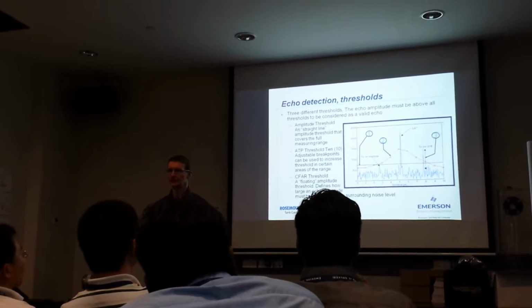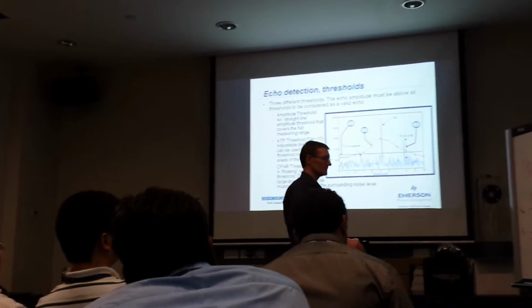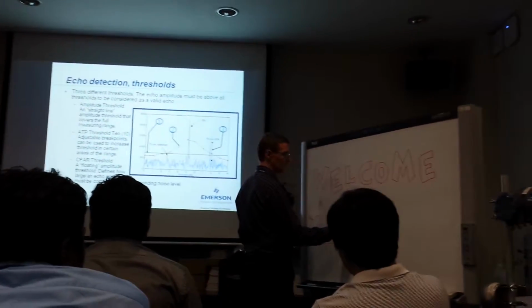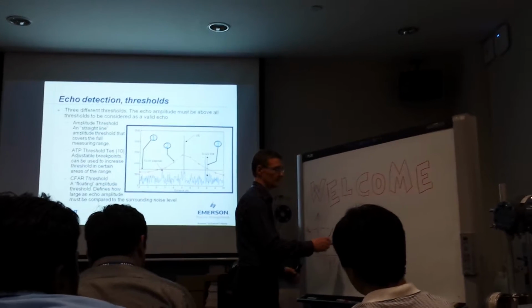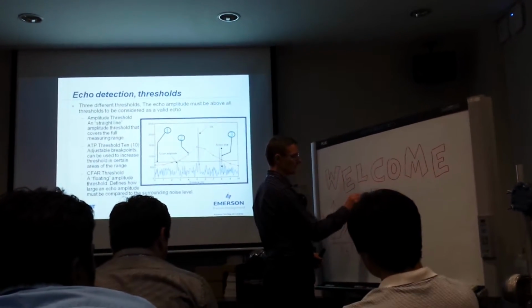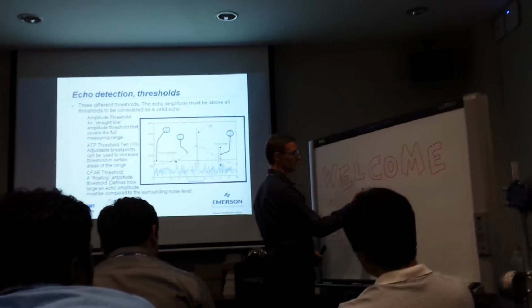So what we do here is that for each echo, if we have a peak here, right, then you have something like this. From that center point, we look a little bit here, and then we look a little bit here.